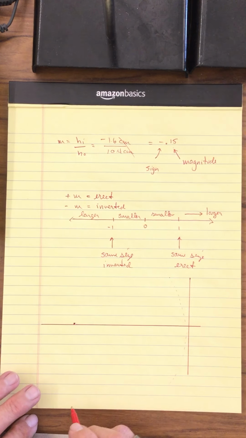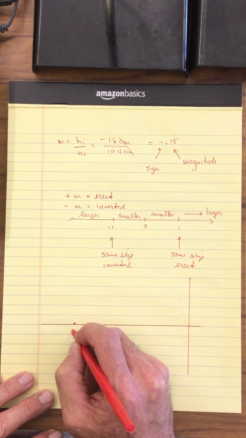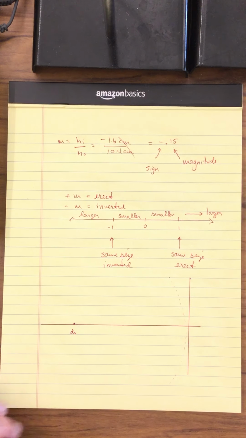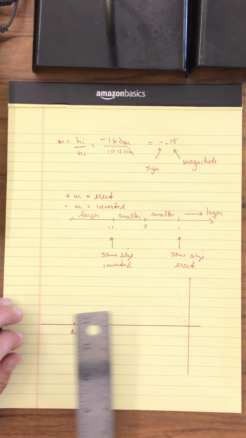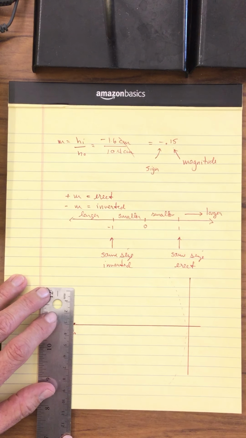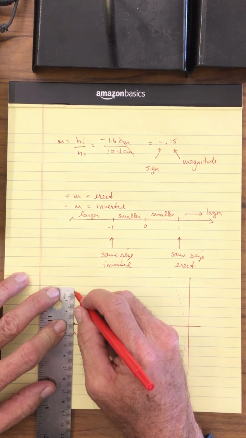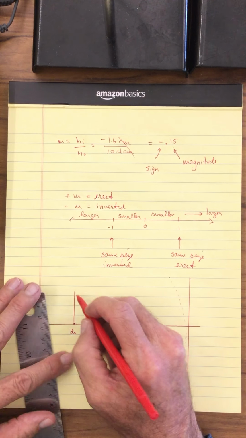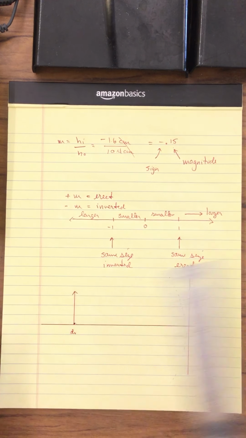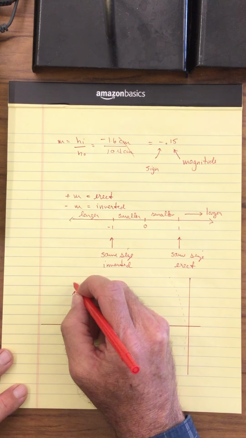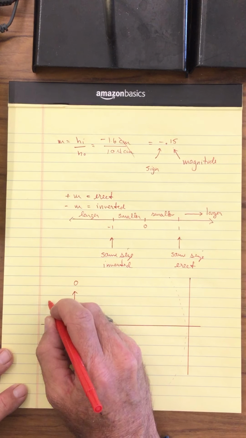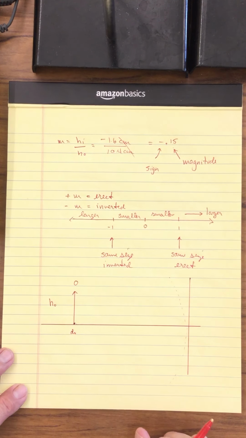So here is the distance of the object. My object is 3 centimeters high. So here's my object. Here's the height of the object at 3 centimeters.